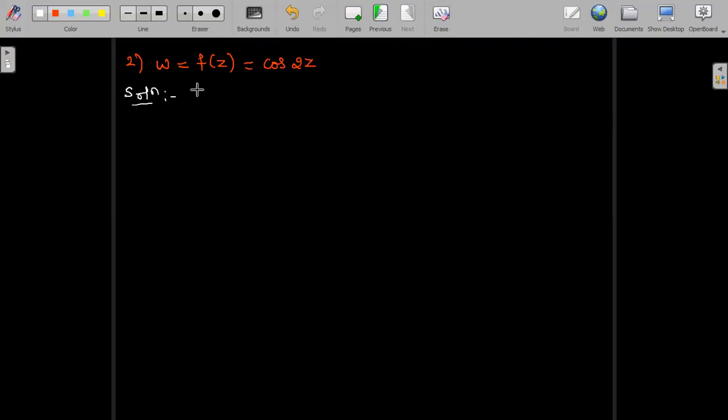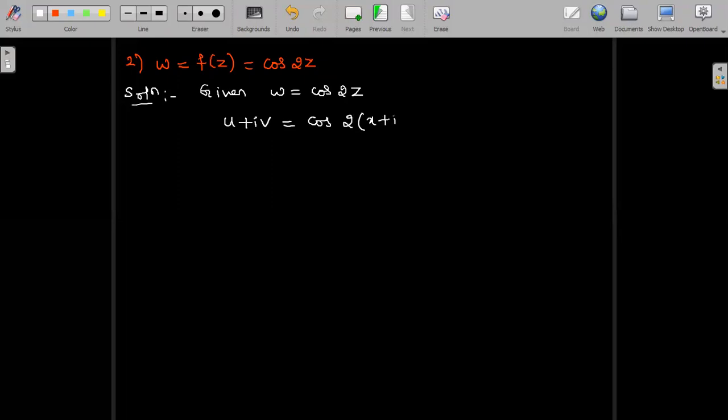w is given as cos 2z. Now we represent w as u plus iv, and cos 2z can be written as cos 2 times (x plus iy). Now we will first multiply 2 inside, so cos of (2x plus i into 2y). Now it is of the form cos of (a plus b).